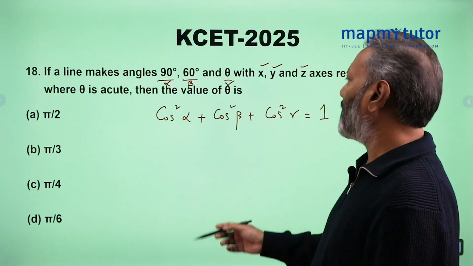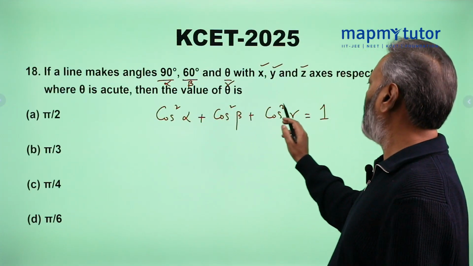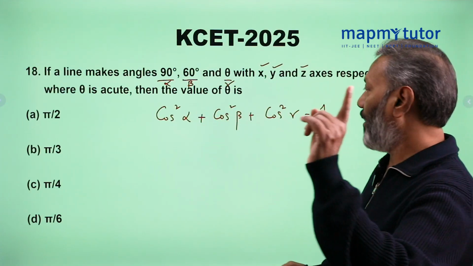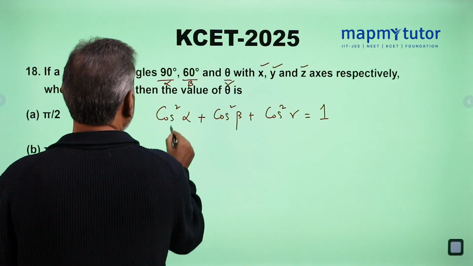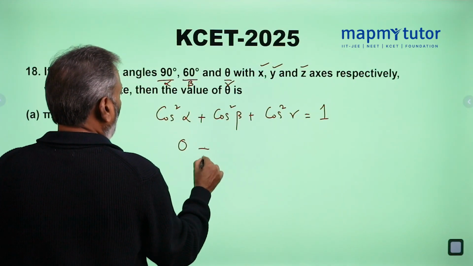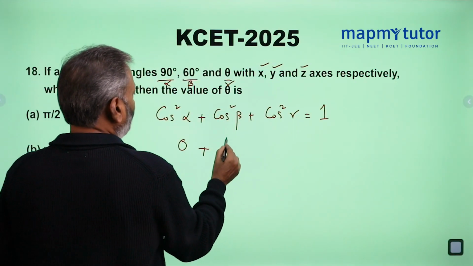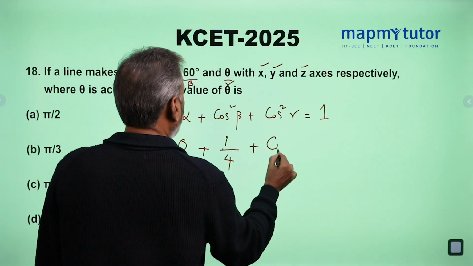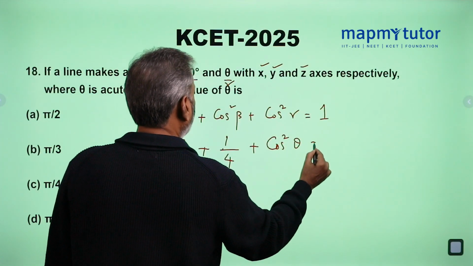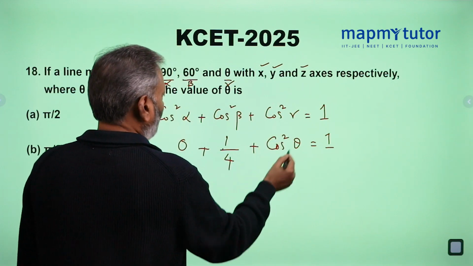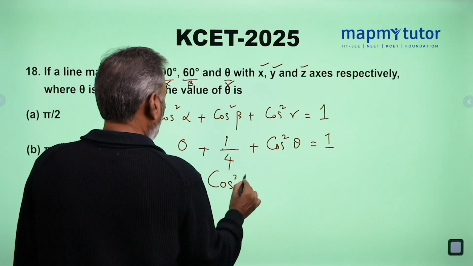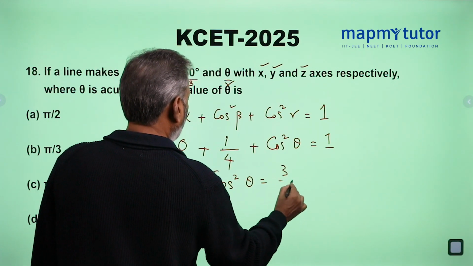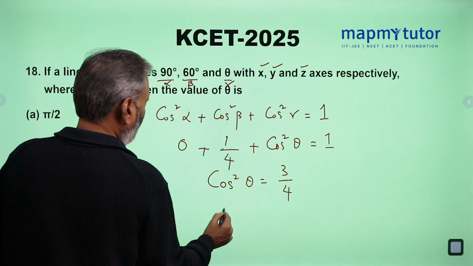And there is a relation: cos square alpha plus cos square beta plus cos square gamma is always 1. Here alpha is 90, so cos 90 is 0. Beta is 60, cos 60 is 1 by 2, cos square 60 is 1 by 4. And gamma is theta, so the sum equals 1. Sending 1 by 4 to the other side, cos square theta is 1 minus 1 by 4, which is 3 by 4.